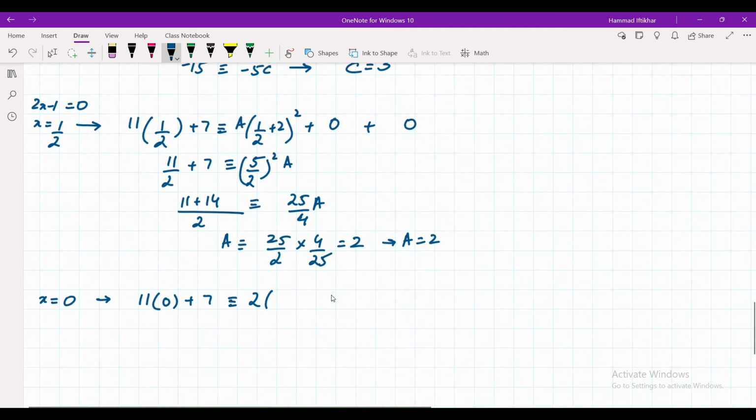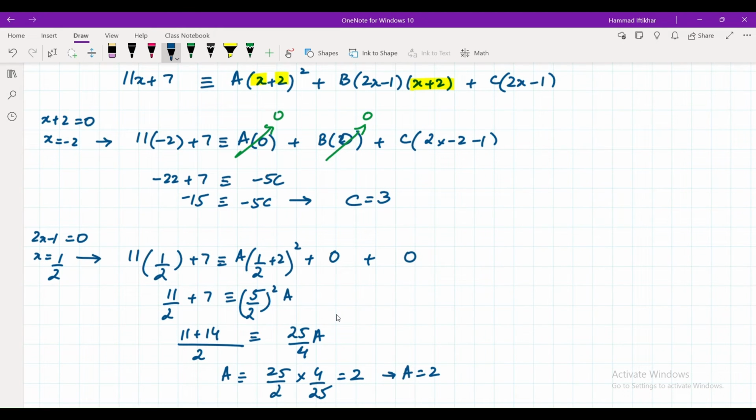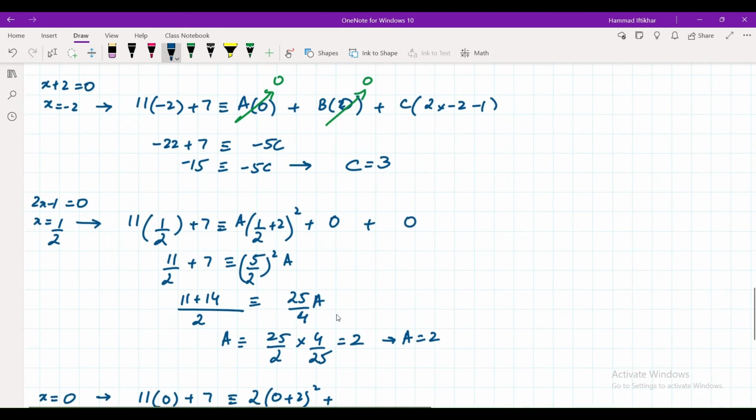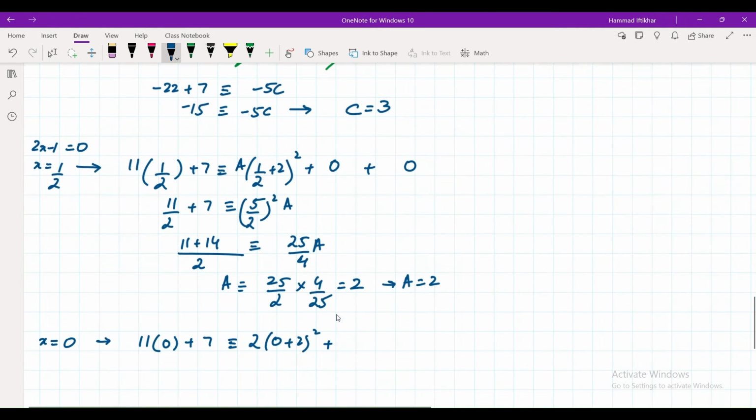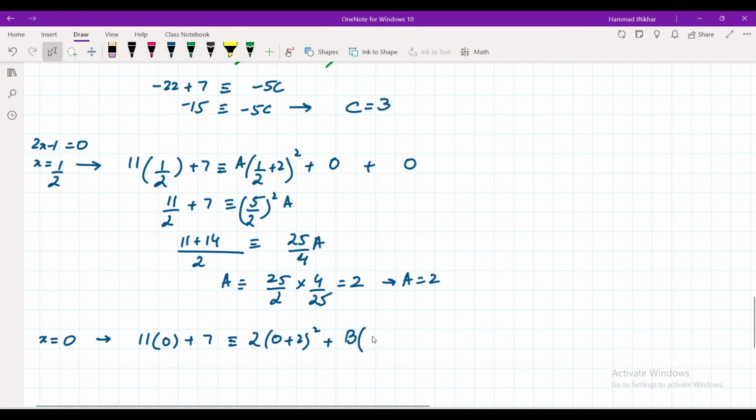A was x plus 2 whole squared, plus B we don't know, right? B we are trying to find out. So B times 0 minus 1 and 0 plus 2. C we already know, 3 times, that was 2x minus 1, so 0 minus 1.